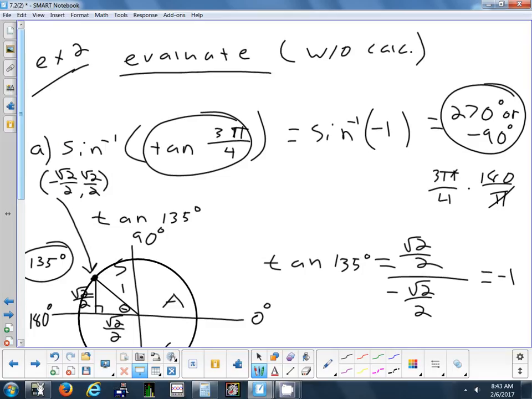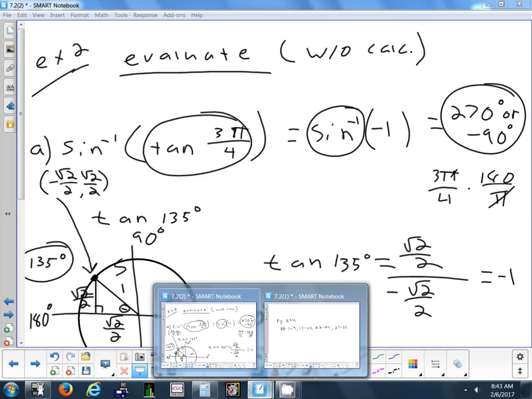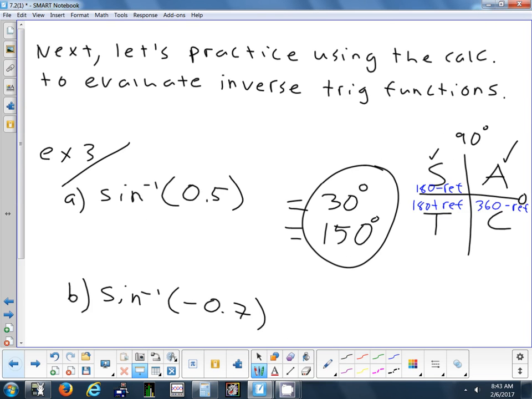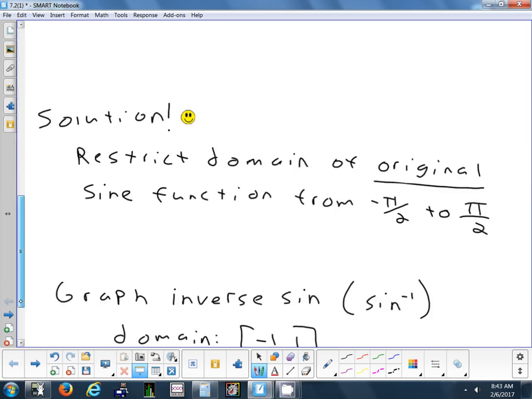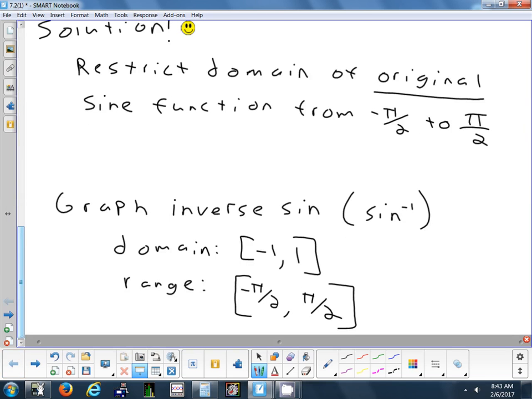Does anybody know what answer the calculator would give me? Because the calculator is only going to give me one of these. Well, I still have the other page up from the notes. Let's go back and look at inverse sine, and let's look at the range, the kind of answers that you get from inverse sine.